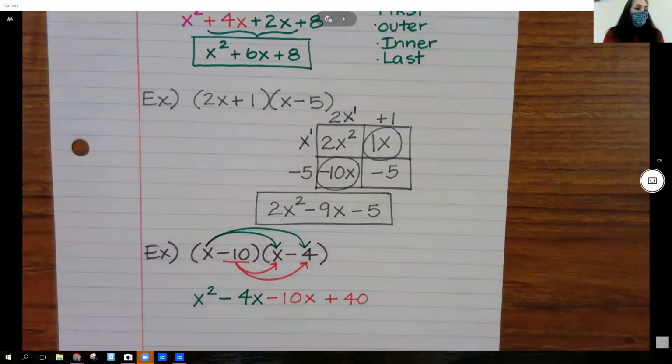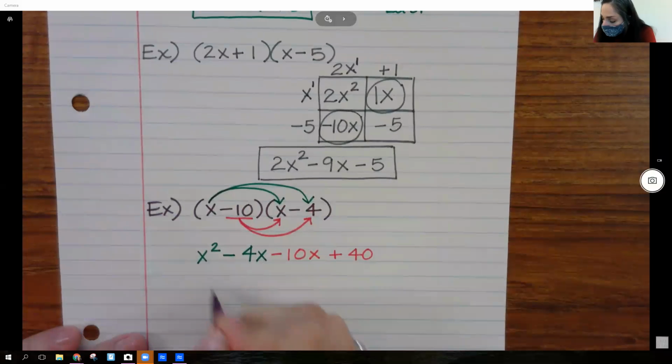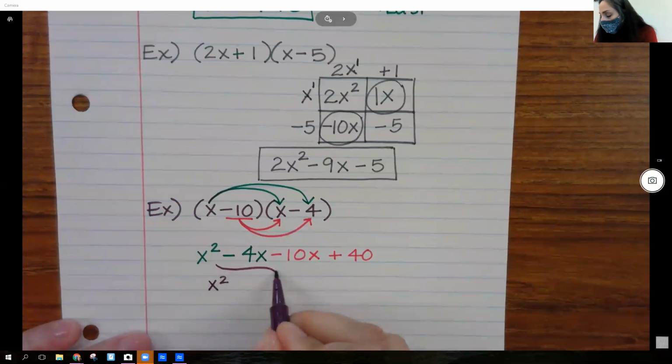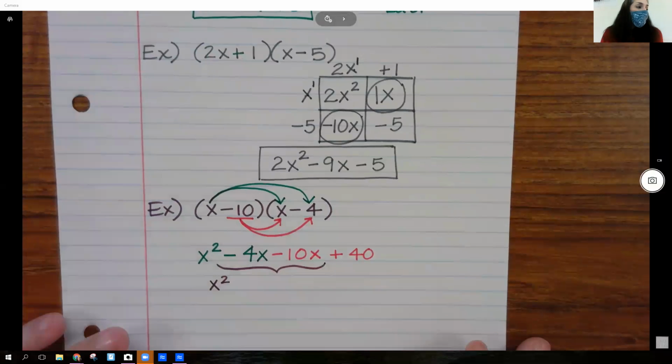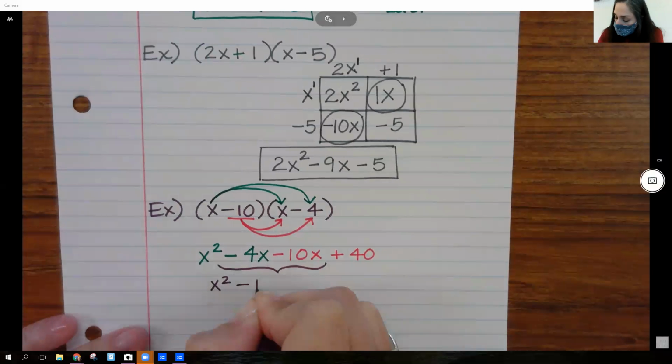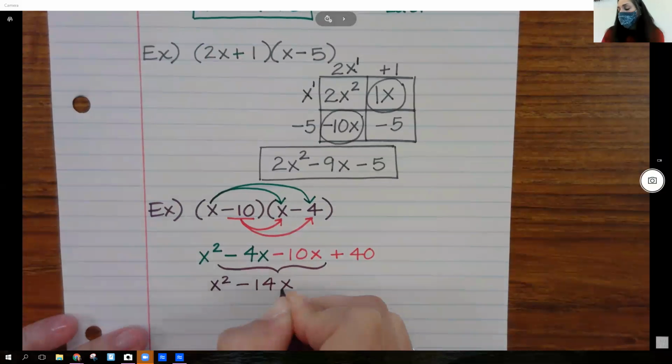Okay. Now you're going to combine like terms as much as possible. So nothing combines with the x squared, so that just comes down. -4x minus 10x, those can combine. So if you have -4 and then you minus 10, that's going to be -14x.